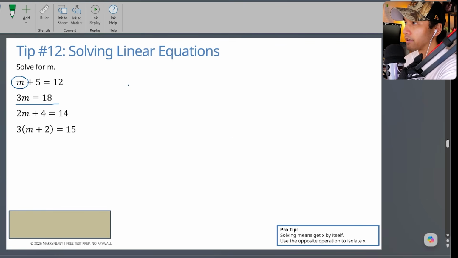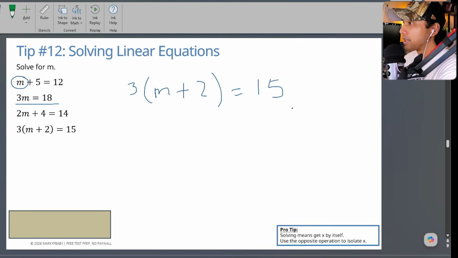Okay, last question. 3m plus 2 equals 15. There are several ways to do this. I could distribute the 3 and do what we did last time.